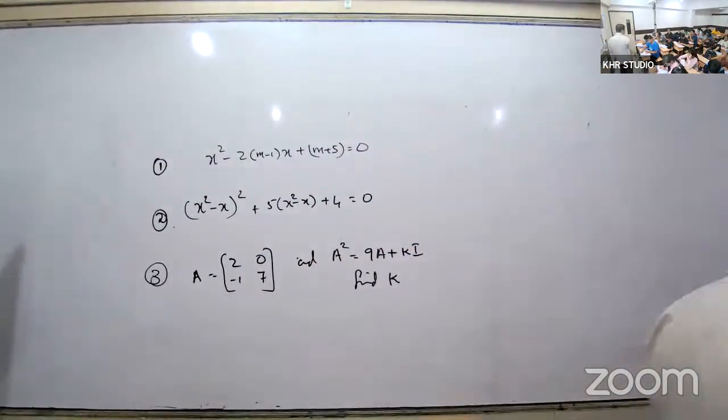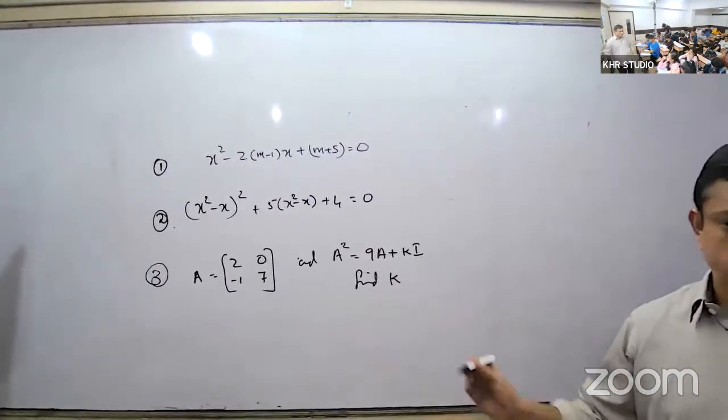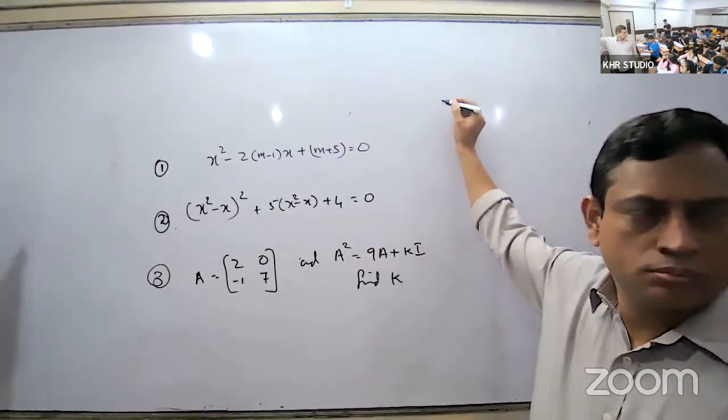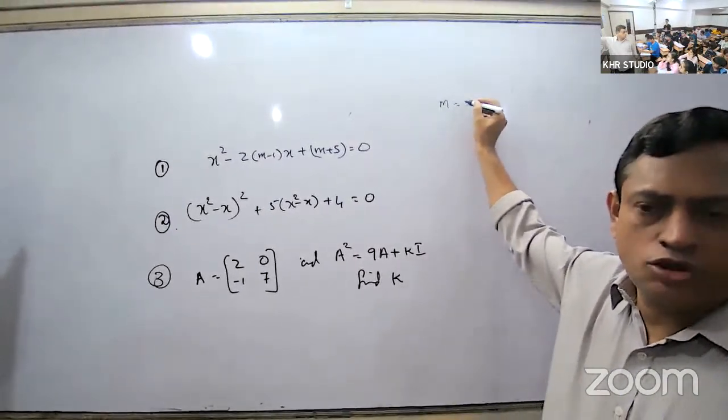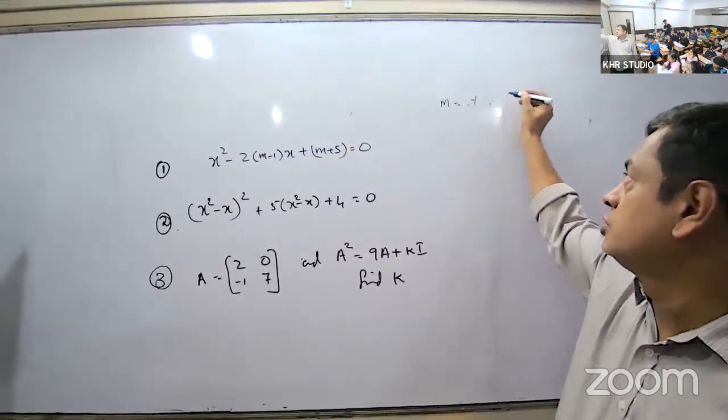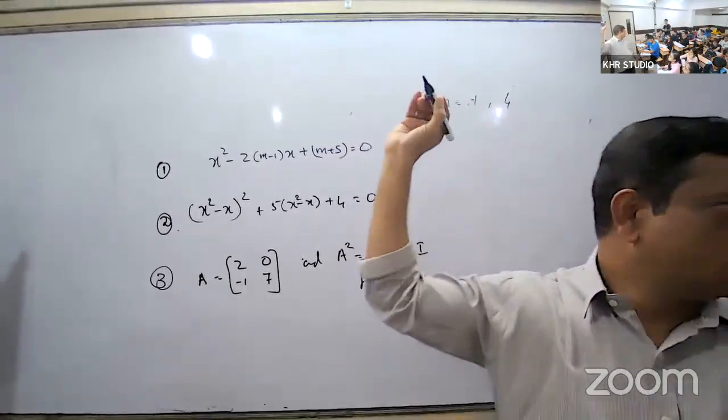First question: what is the answer for m? m is equal to -1 or 4. Is it so? Yes, sir. That is the answer.